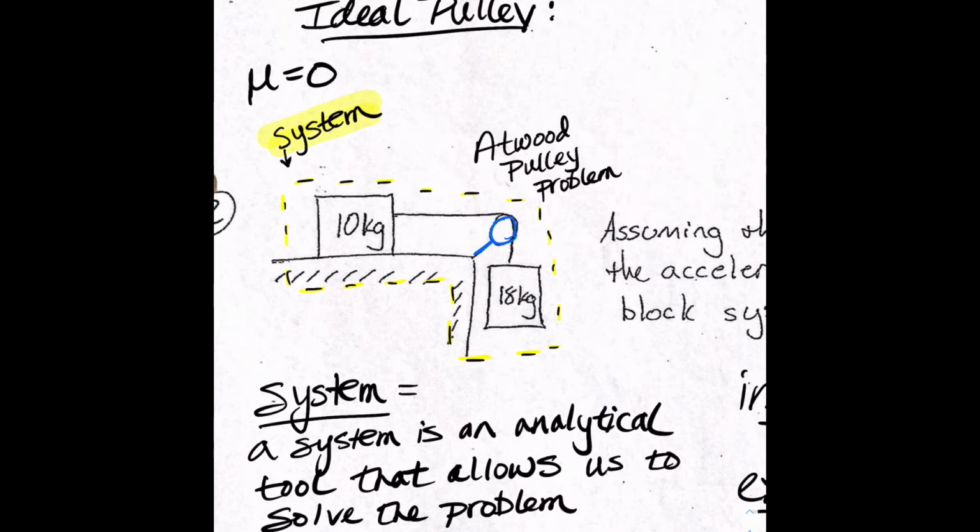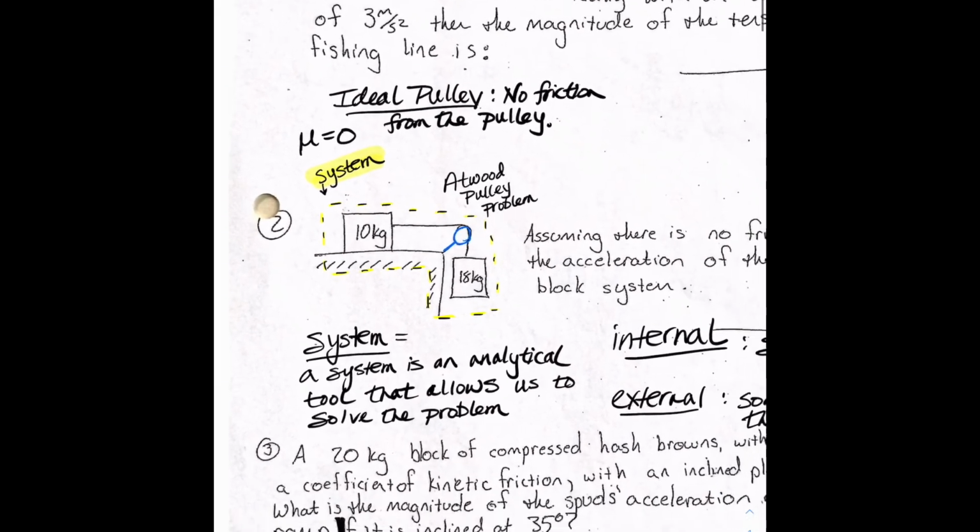So I'll just write no friction from the pulley. Now in real life, you would have friction from the pulley. And you would go out of your way to minimize that, but we're assuming for this problem that it's an ideal pulley.